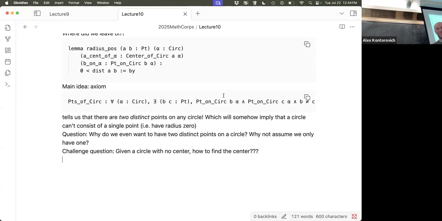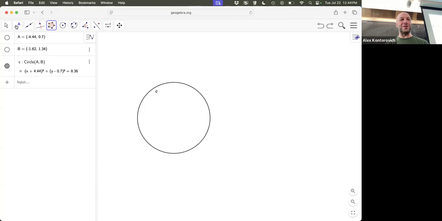The whole point of this hint: start with two distinct points on the circle. That's why I want you to assume that there are two distinct points on the circle. Boom and boom.